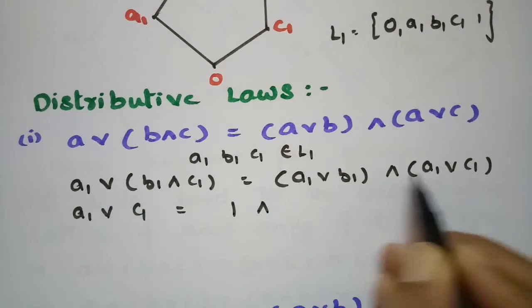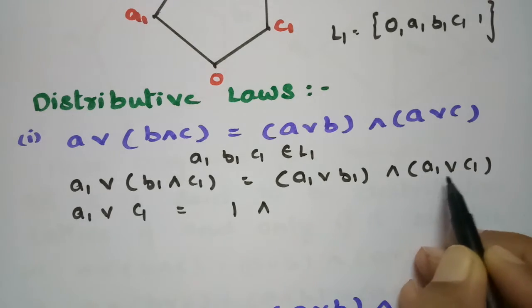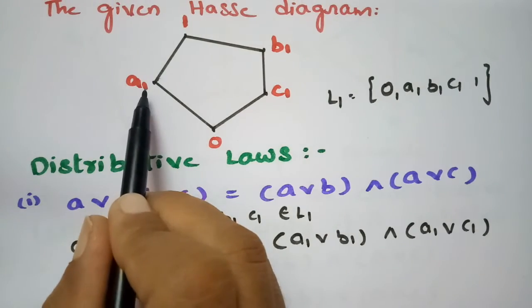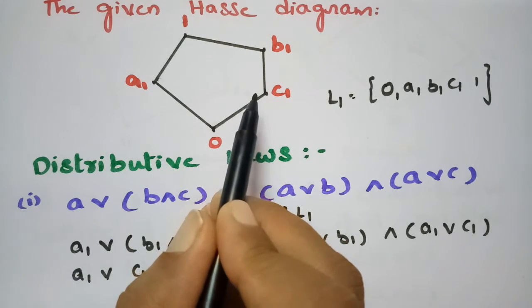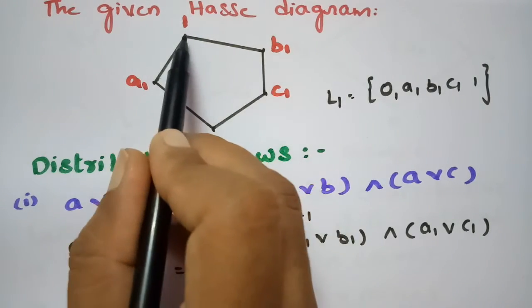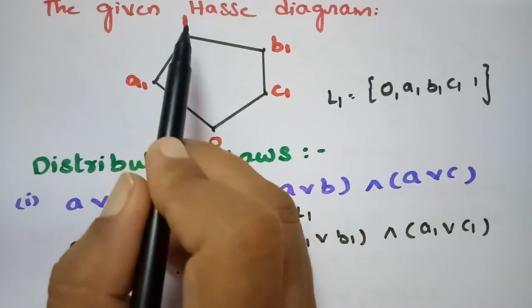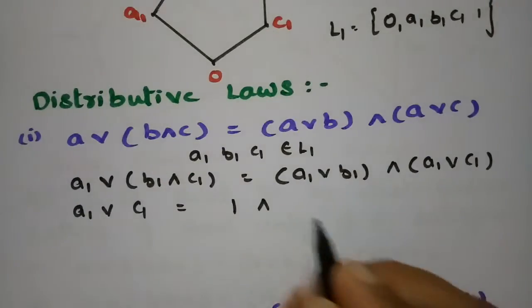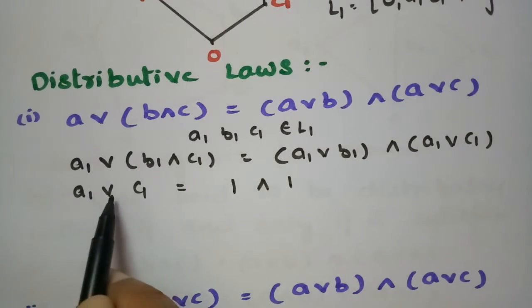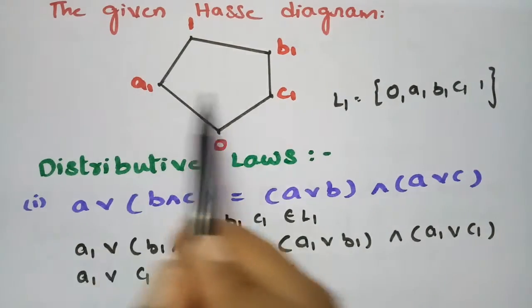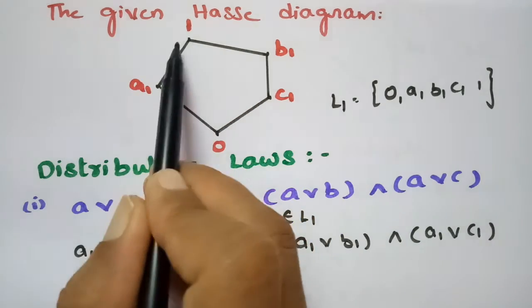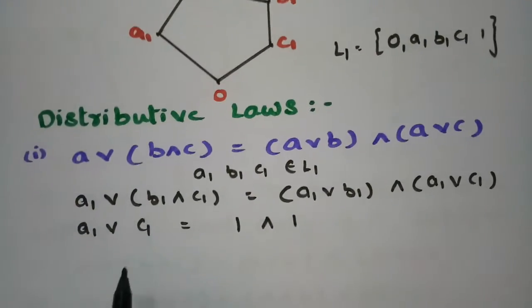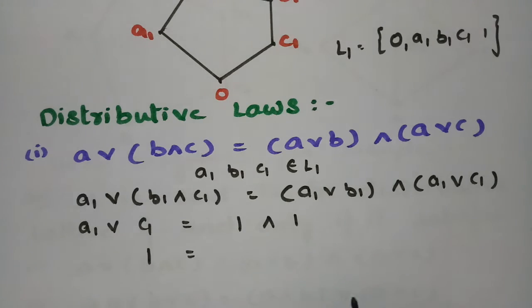This is again a meet. And the next one, A1 join C1. Join A1 join C1 is nothing but the least upper bound, the upper bound of these two. We have to go up. So they meet at the same point, 1. Here also, if you observe, 1 meet 1.